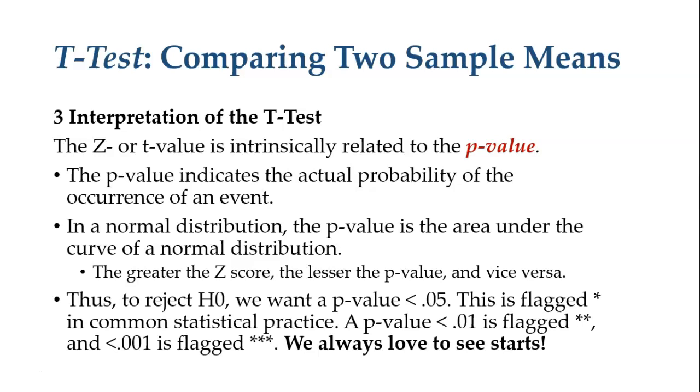Okay. There are conventions in sciences about how to present the p-values. If the p-value is smaller than 5%, which is 0.05, you use 1 star. If the p-value is smaller than 1%, which is very small, it's going to have 2 stars. And if it is smaller than 0.001, which is a very, very tiny probability, you're going to see 3 stars.